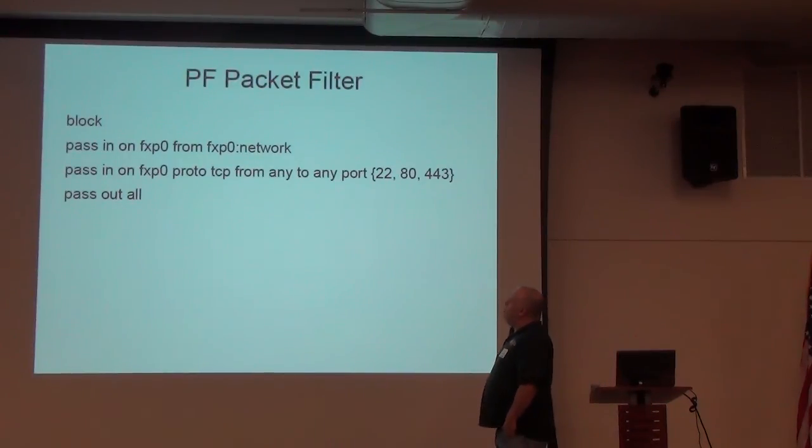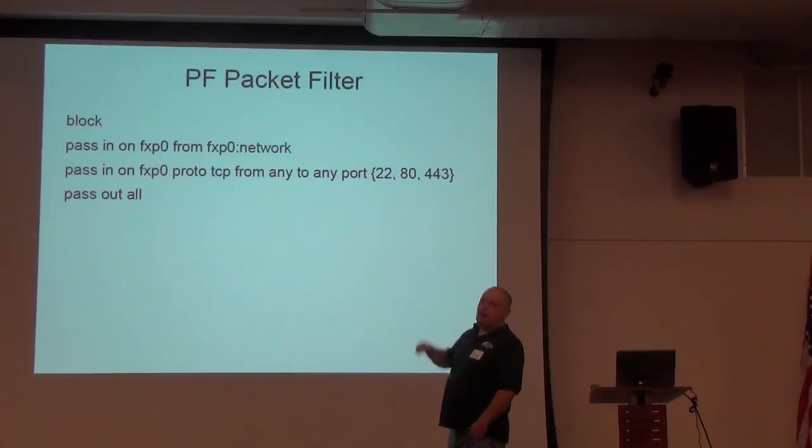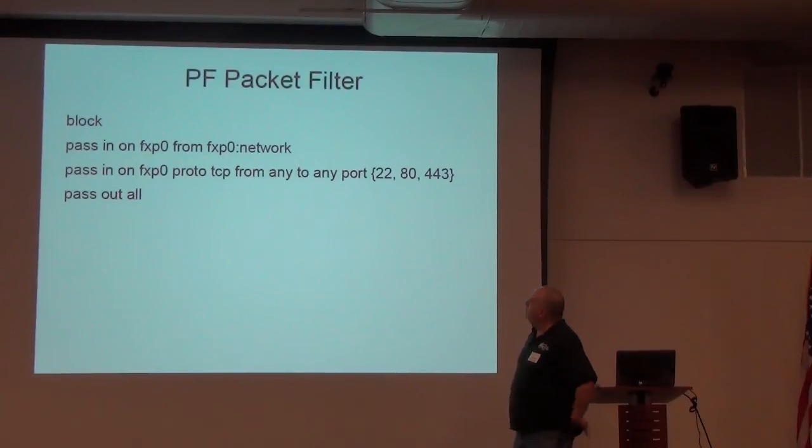This is a configuration file for PF. Don't allow anything in. Pass in on our network interface from anything on the local network. Pass in from anywhere else on these 3 ports, and send anything out.